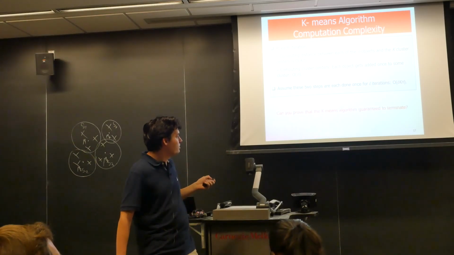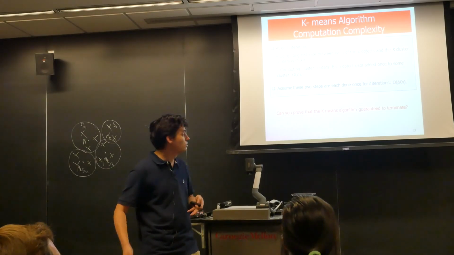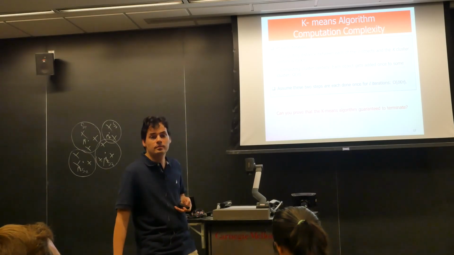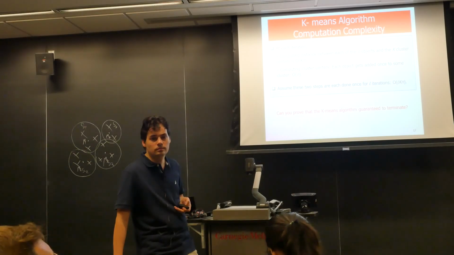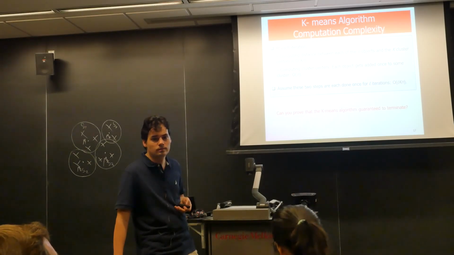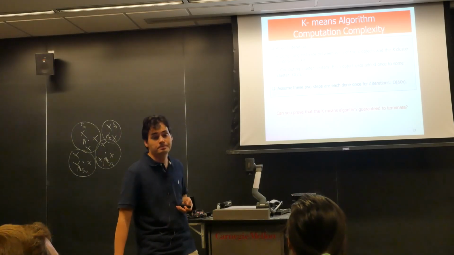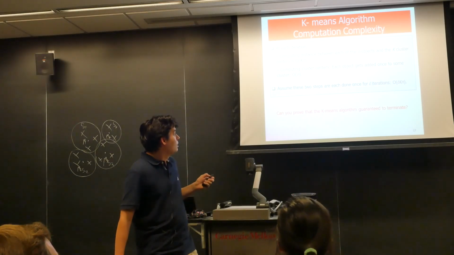And we just touched briefly on the question of whether we can prove that the k-means algorithm is going to terminate. The complexity includes the complexity of computing the Voronoi diagram.